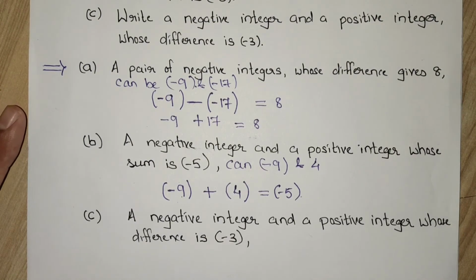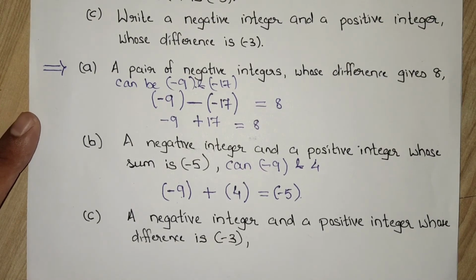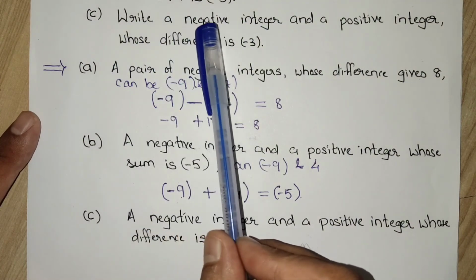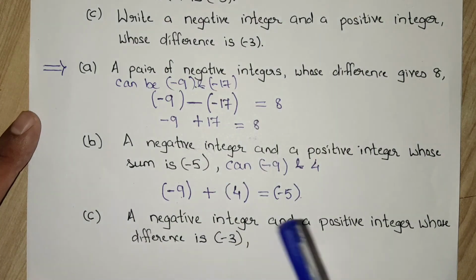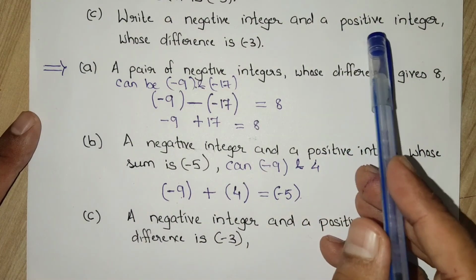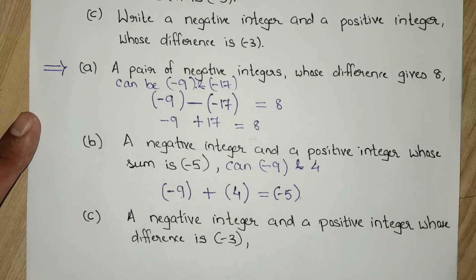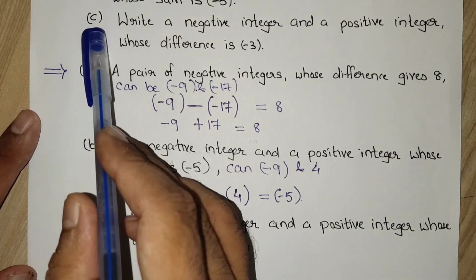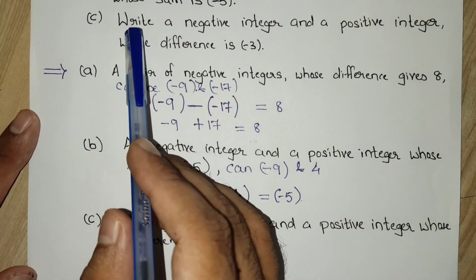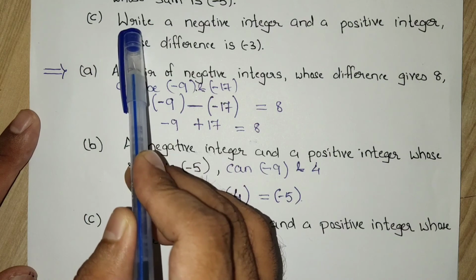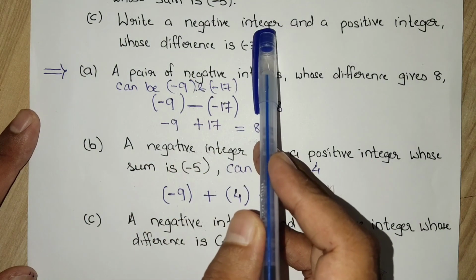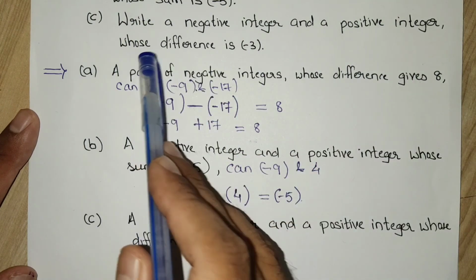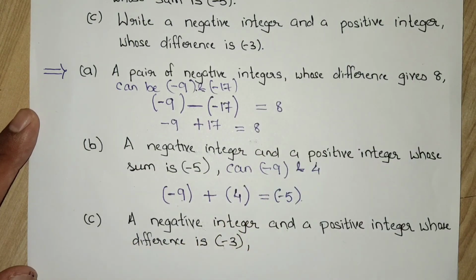Now students, in part C, what they are asking us to do is write a negative integer and a positive integer whose difference is minus 3.